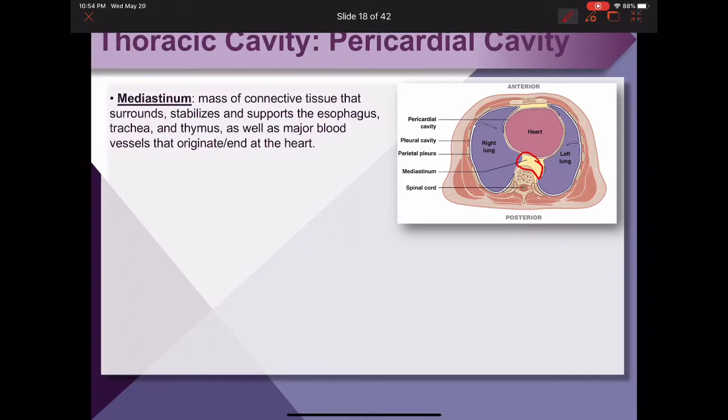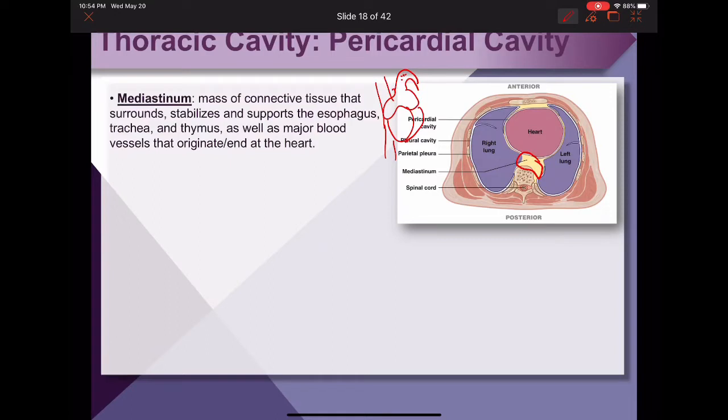That is where the mediastinum is important for supporting, because right on top of your heart, here's your heart, there's a big vessel called the aorta, and also the superior and inferior vena cava, and we'll talk about the different big blood vessels of the heart.